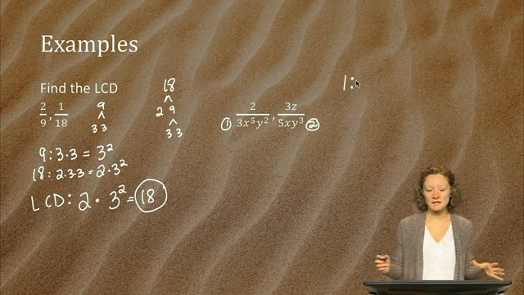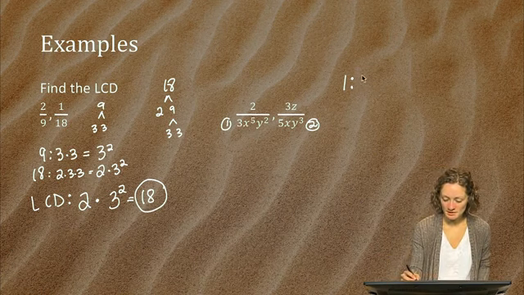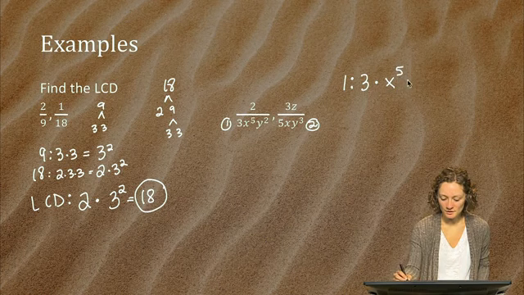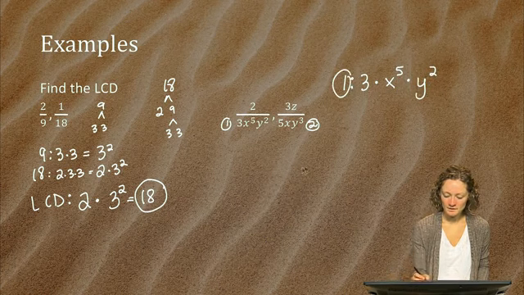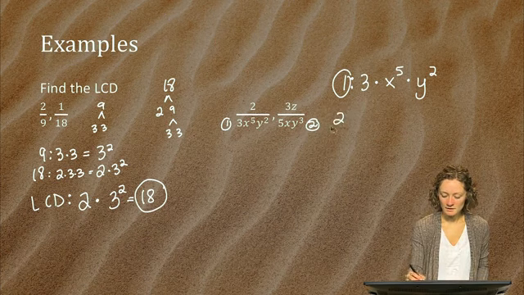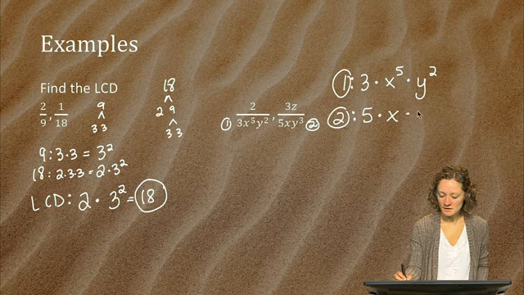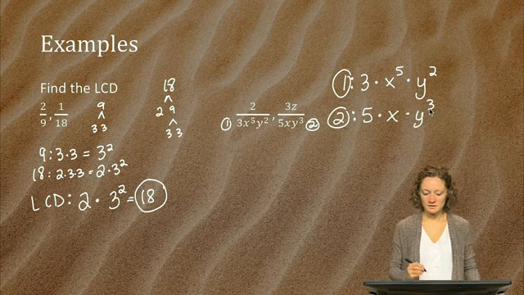We can kind of spread them out to get an idea of what the different pieces are. The first one has 3 times x to the 5th times y squared. The second denominator has 5 and x and y cubed.